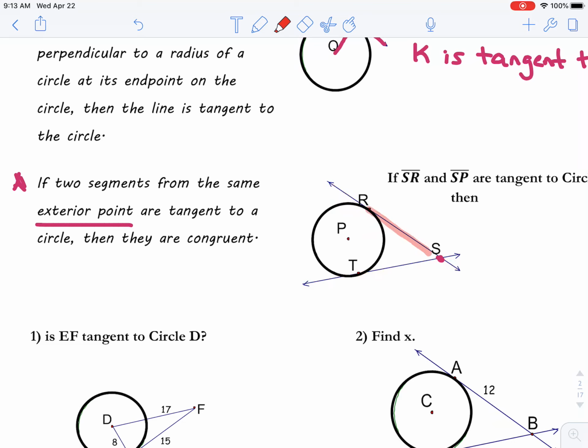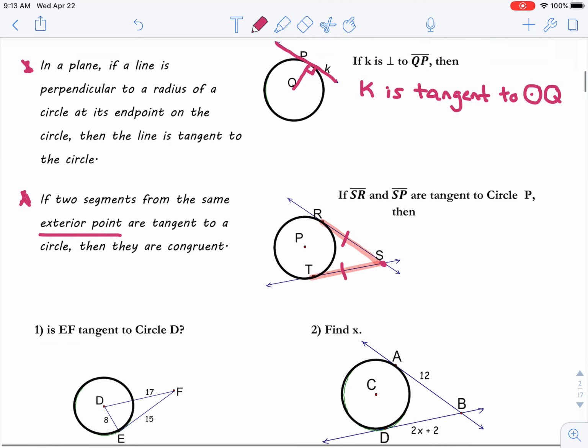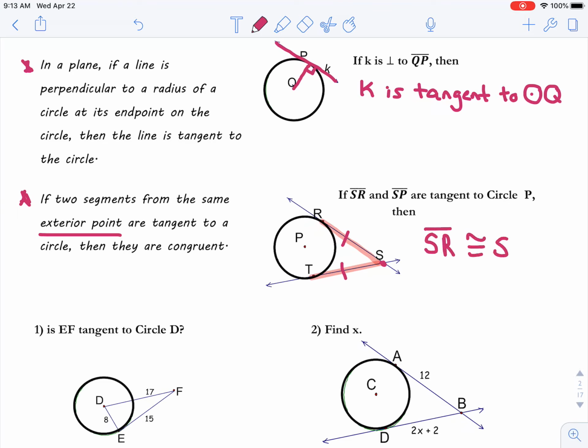Thus, those line segments, SR and ST, are congruent. So if SR and ST are tangent to circle P, then SR and ST are congruent.